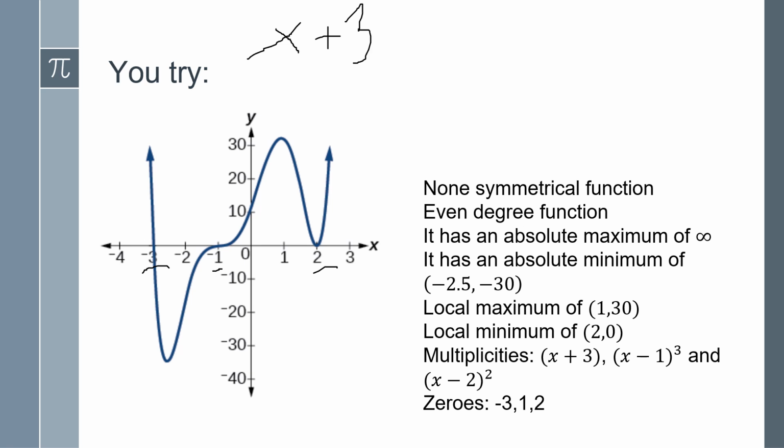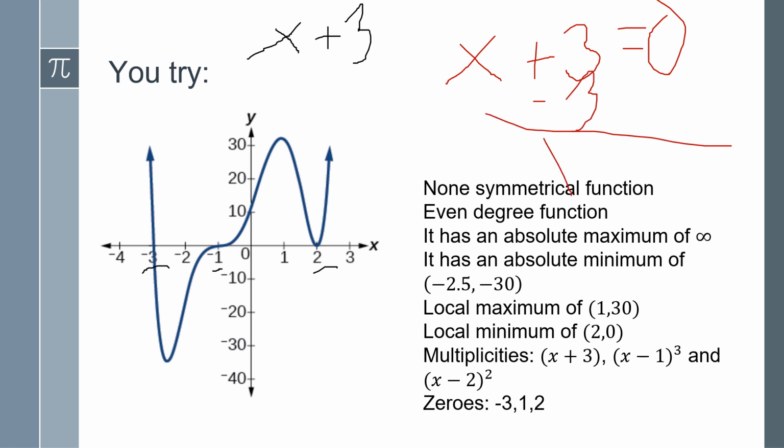But if you were to solve that factor of x plus 3, you set it equal to 0, subtract 3 from both sides, and you get x equals -3. That's what you get. Good?